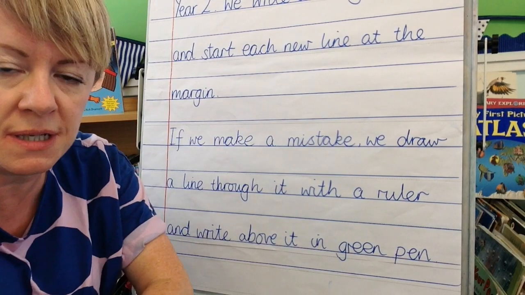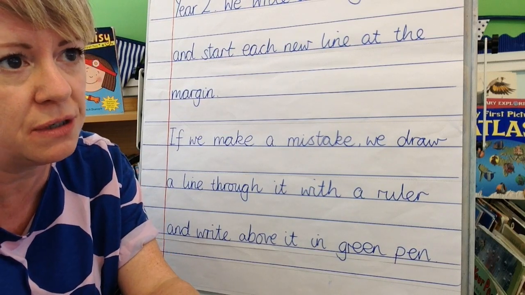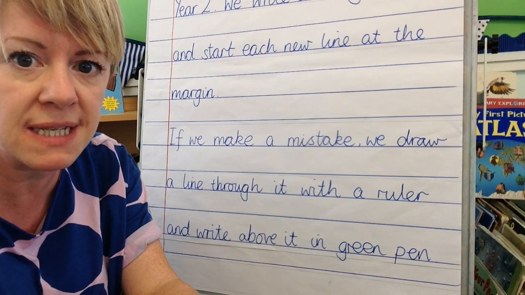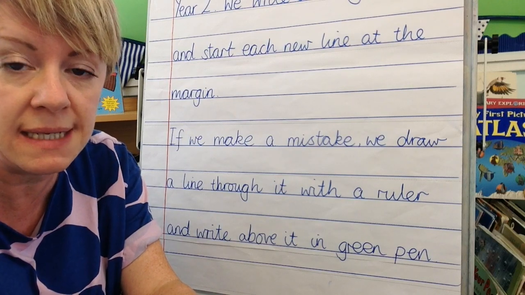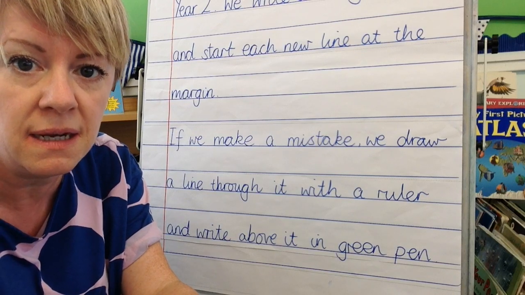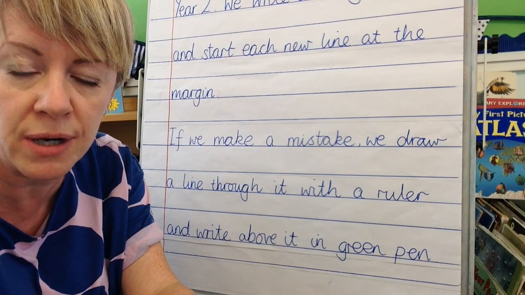It's really important to start talking to children really early about making mistakes. I find that children, very able children that are likely to get greater depth, are really risk averse and don't like the thought of making mistakes. So it's really important very early on, I think, to show that making mistakes, editing, correcting and improving is a really important part of the writing process.